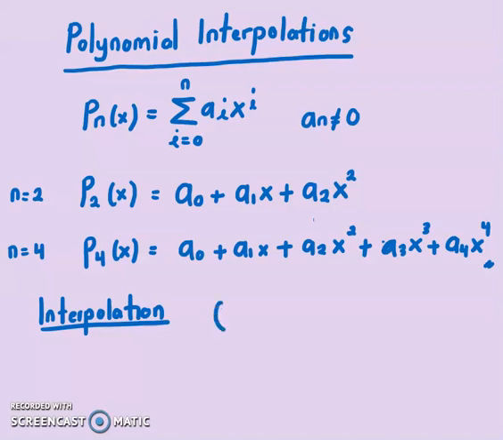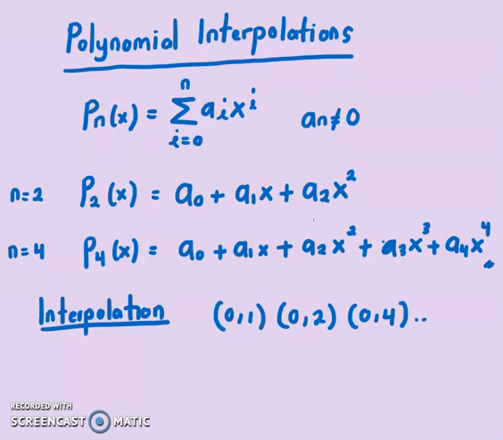Let's say I have (0,1), (0,2), (0,4), and so on. Now from this data, what can be the polynomial? It might be degree 2 or degree 3. We want to find the polynomial that passes through a given set of data points, the interpolating polynomial.